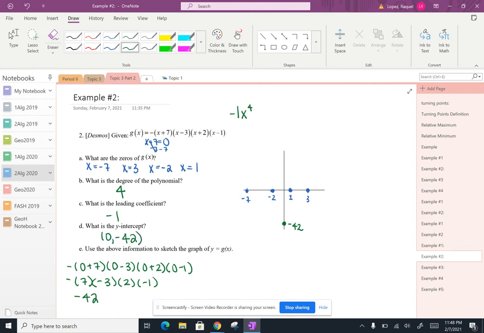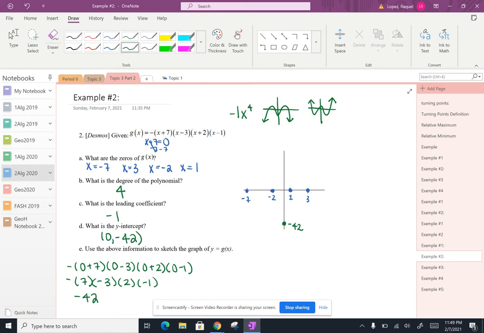Okay, so now we're going to use the above information just to make a quick sketch. Alrighty, so since I know that my degree is going to be even, my polynomial is going to look something either like this or like this, where the ends of my graph are going in the same direction, and that only happens when the degree is even.